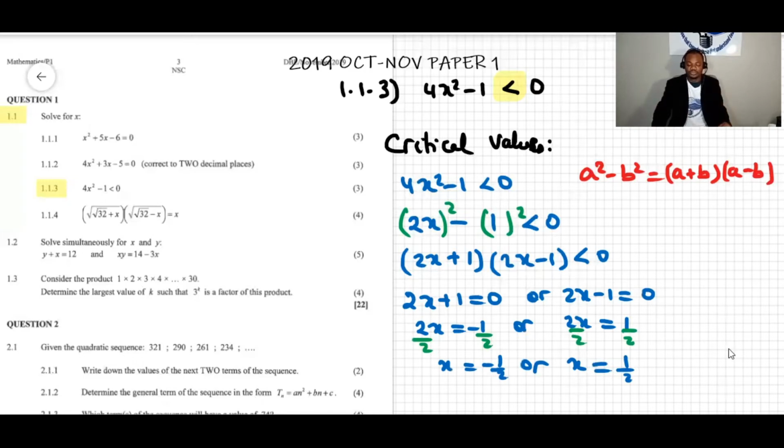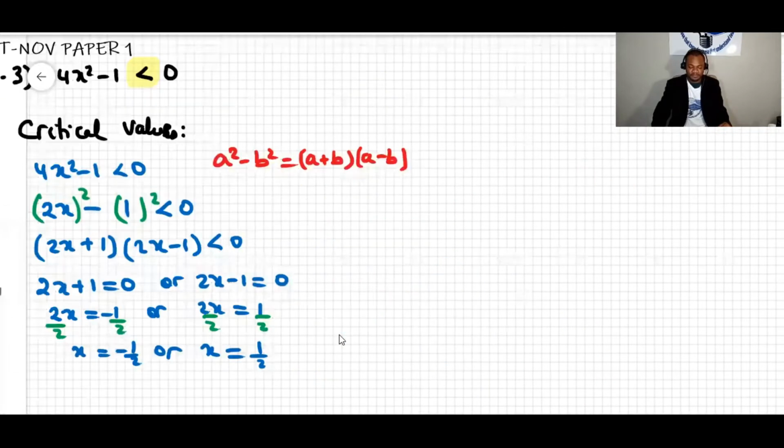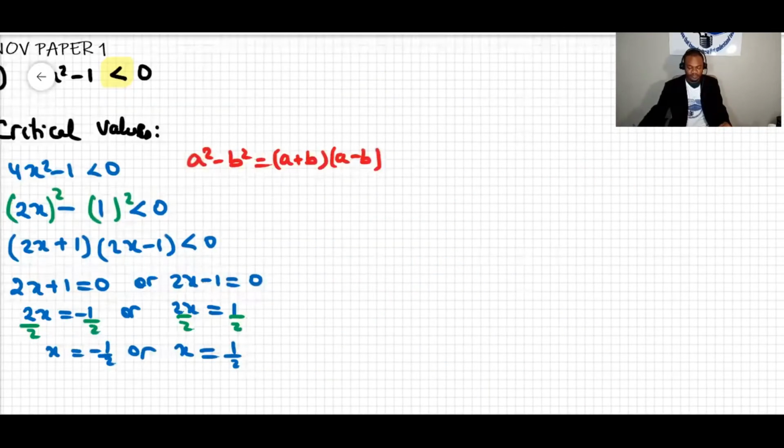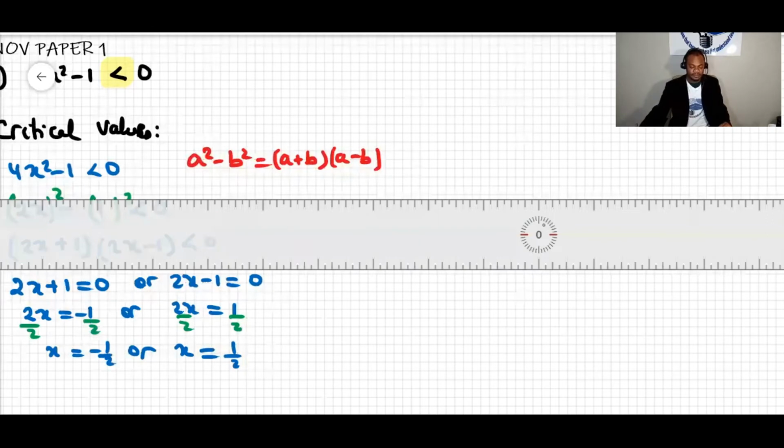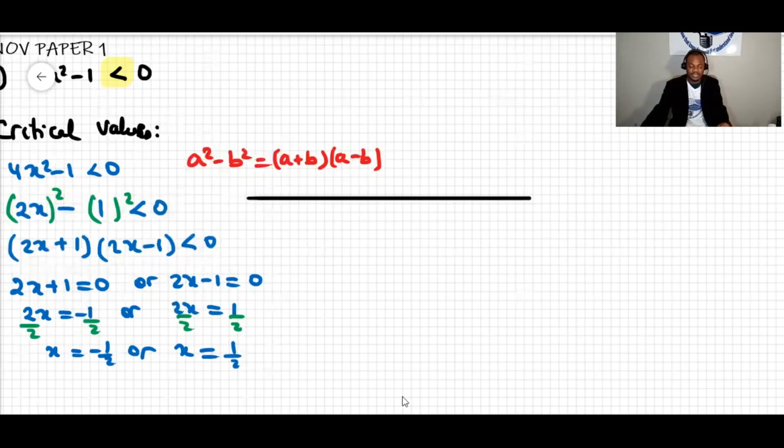Now, we're going to draw the number line. I'm going to draw my number line over there, and in the number line I will place the critical values, -1/2 and 1/2. I must put them in ascending order.